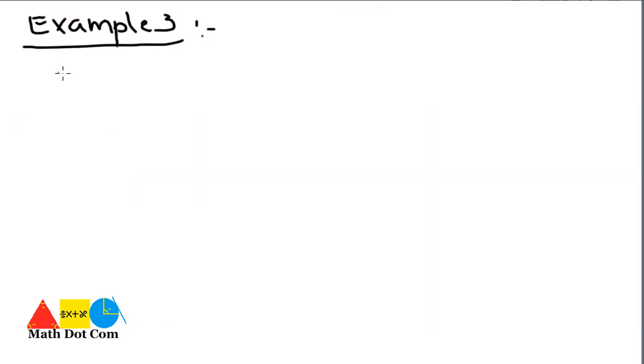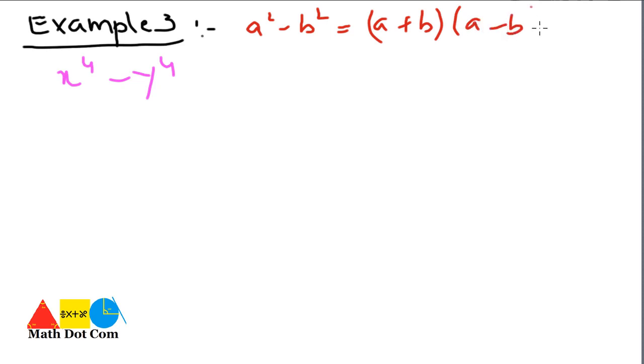One more example is a little bit difficult. It's a very common example that we use most of the time, x4 minus y4, and we find it difficult to solve. We will use the identity a square minus b square equals a plus b into a minus b. So I have to convert it into this form. First we convert to square form: x square into square, because if we multiply these two, we get x4.